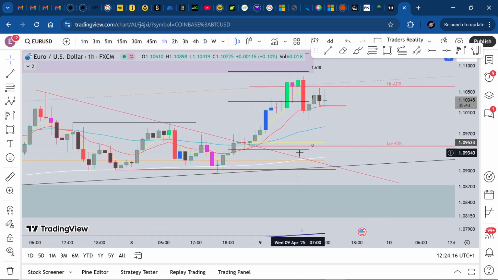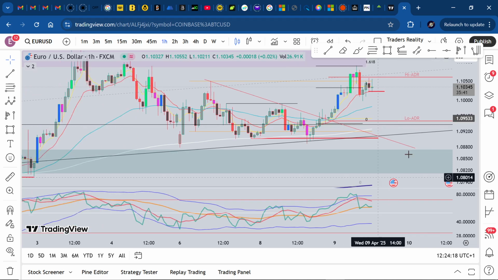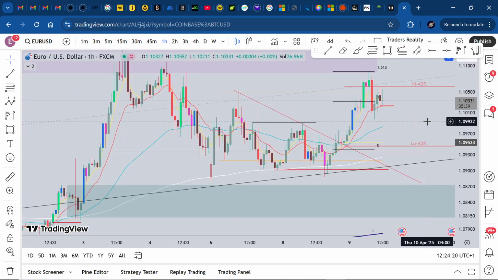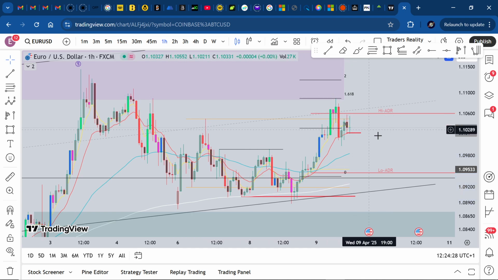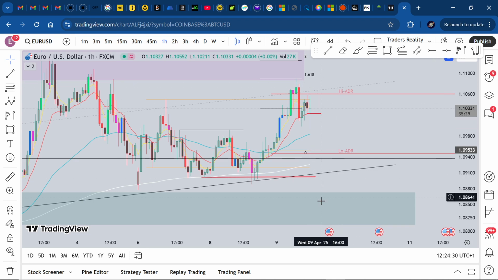I get it. With the Trump tariffs, the situation currently right now is adding strength to the euro. But same way, because of Elliott Wave, I still expect price to come down. Most likely take out this low into this supply, but demand.